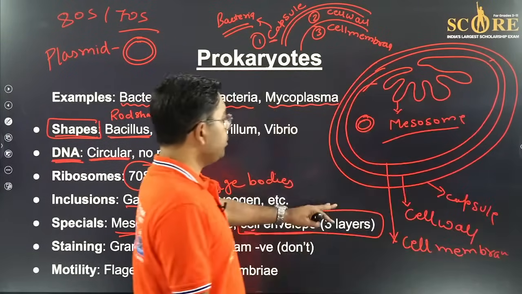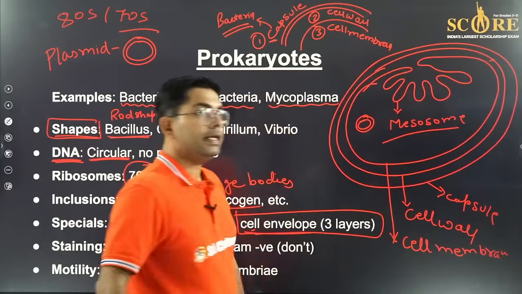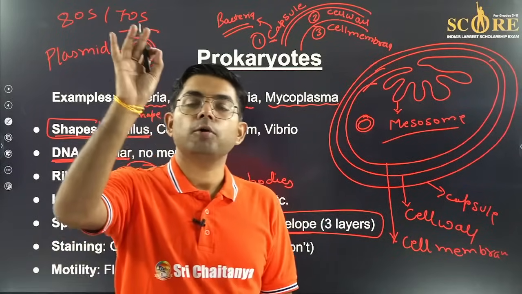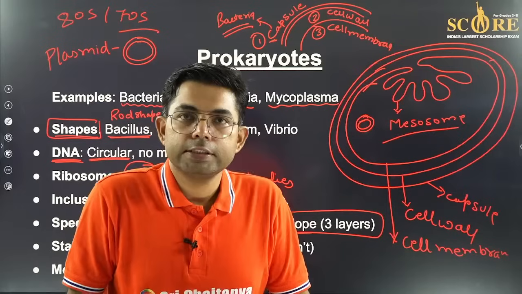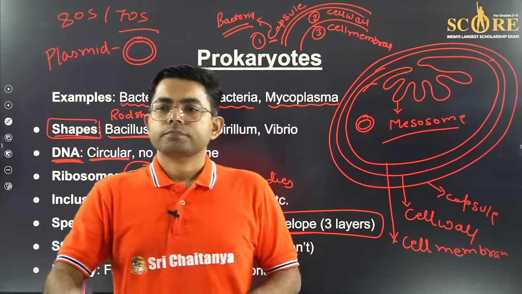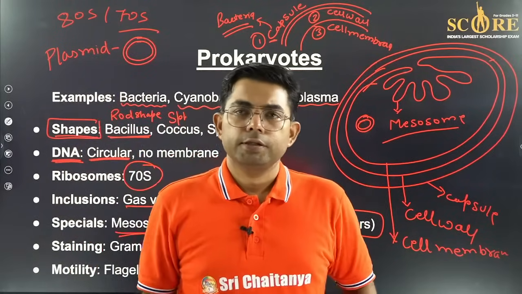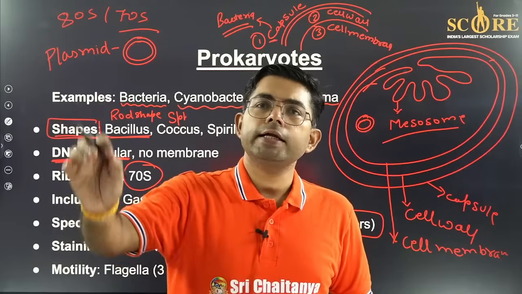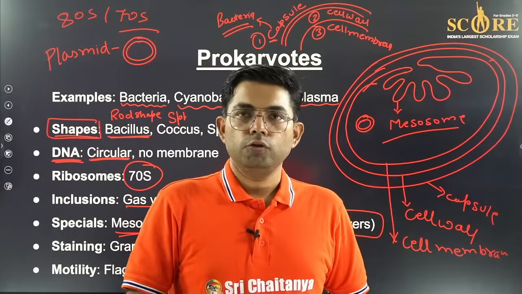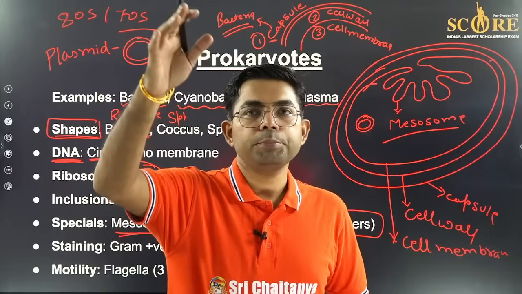Then on the basis of cell wall, bacteria can be divided into gram positive and gram negative. See, let's say you have a white shirt and you color it yellow. You put it in yellow color, it will become yellow.